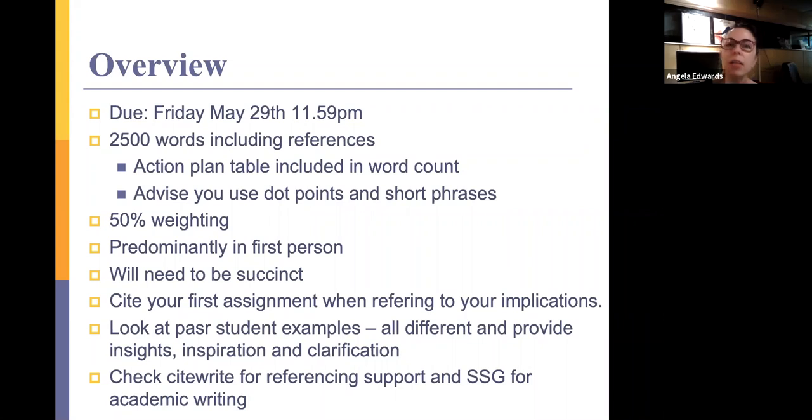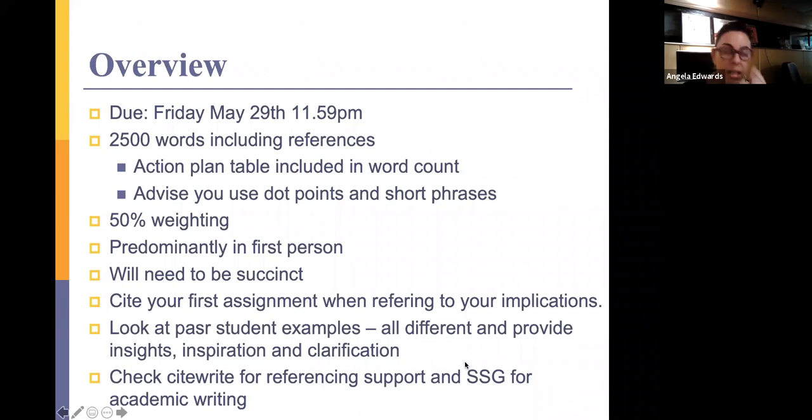You can use your creativity in terms of the kind of template, but just make sure that it does have all of those dot points in there that we mentioned on the last slide. Very important, check SiteRight for referencing, and if you do need support from the student support group for your academic writing or your database searching, then I would definitely advise that you look at that.